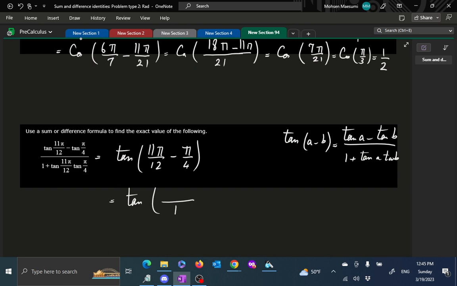So we take a common denominator: 11 pi minus, I have to multiply by 3 pi, so that's going to be tangent of 8 pi over 12. We don't leave it like that, we simplify by 4, so that's going to be 2/3. So tangent of 2 pi third.